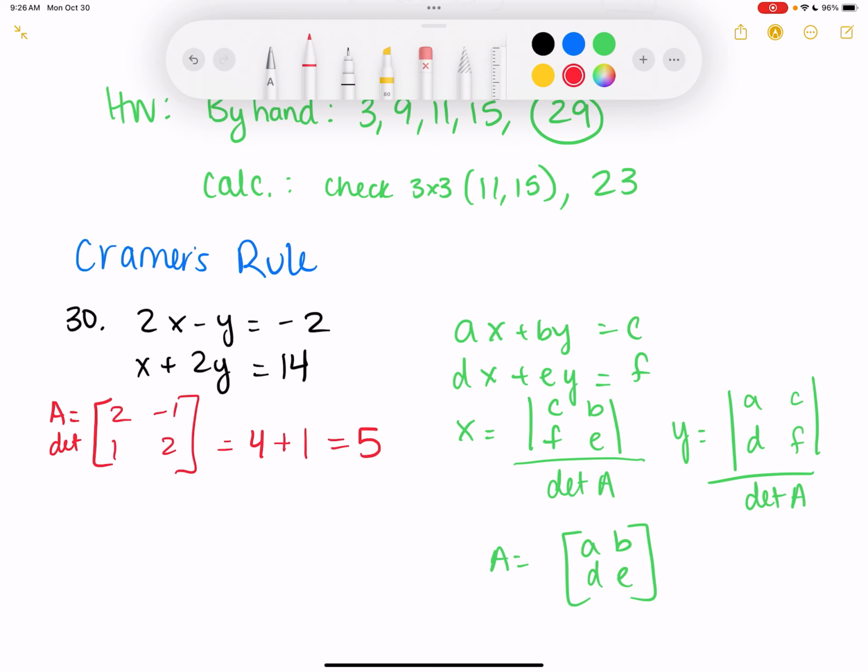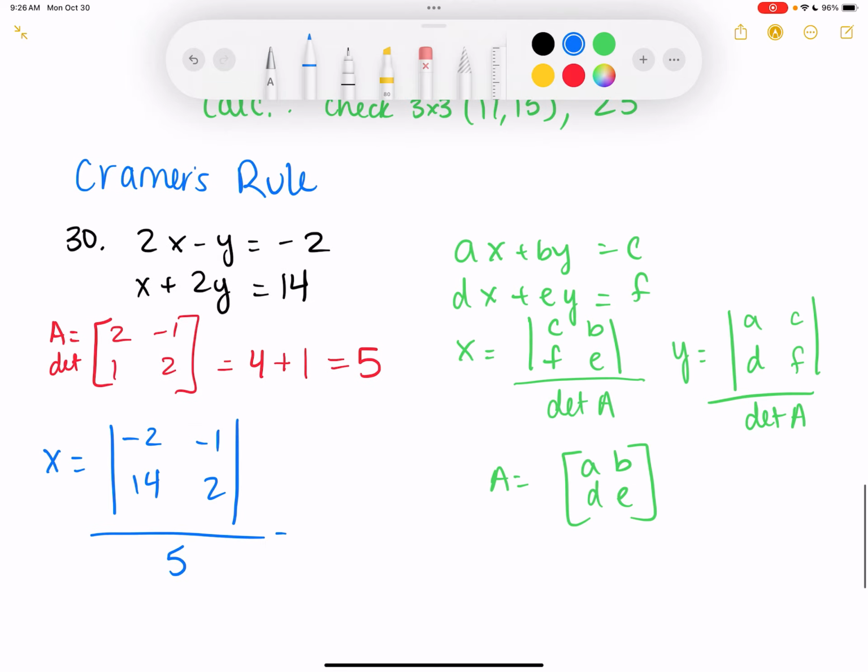And so this part up here, we're going to be taking the determinant as well when we set it up. So x is equal to the matrix. Now we're replacing x with -2 and 14, and then we use the y values, -1 and 2, over 5.